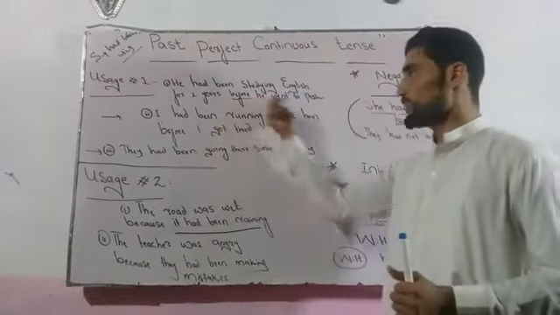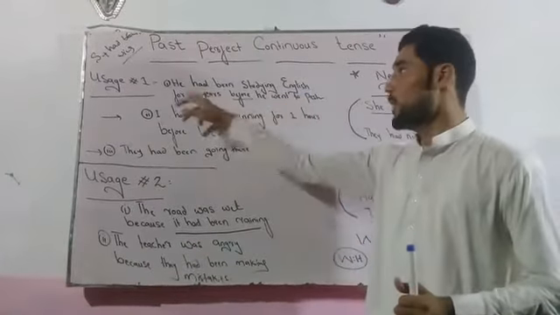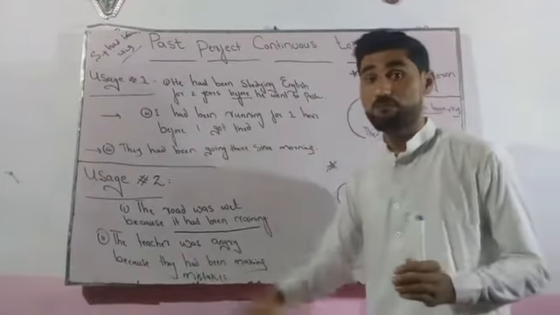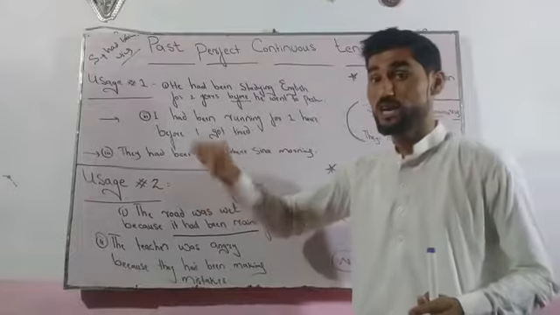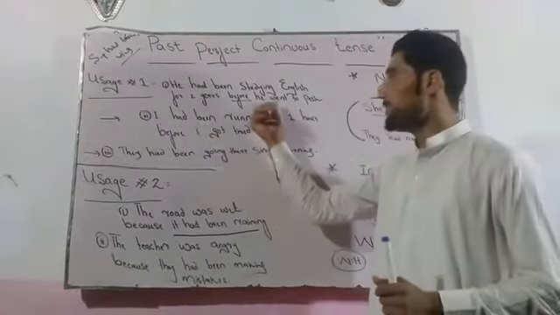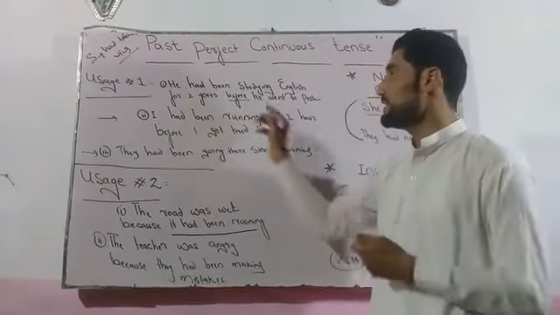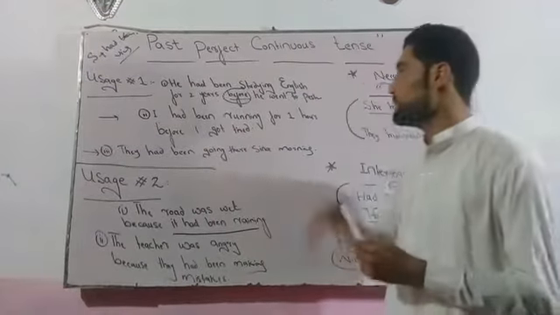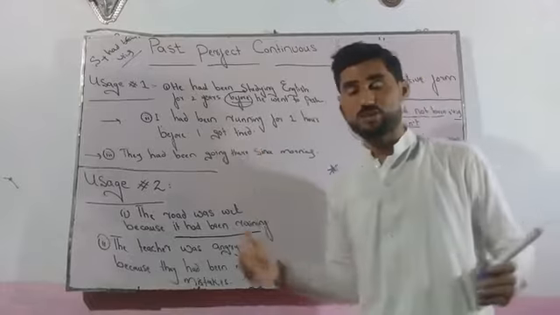So, before plus past simple tense. He had been studying English for 2 years before he went to Peshawar. Before another action in the past, before he went to Peshawar. Later action, past simple tense. Don't forget to put here the word before.